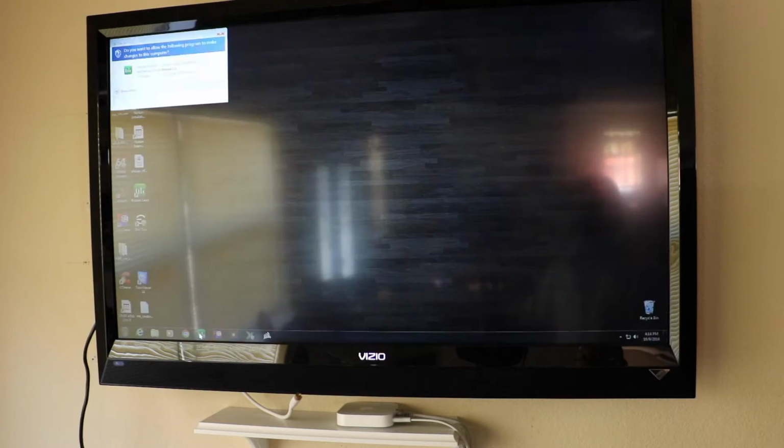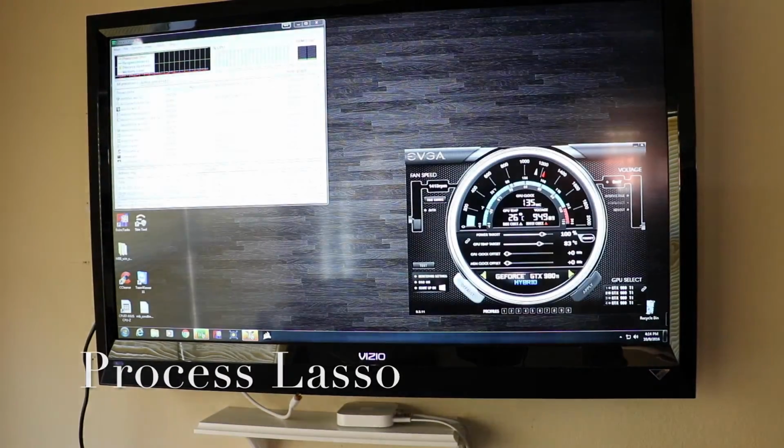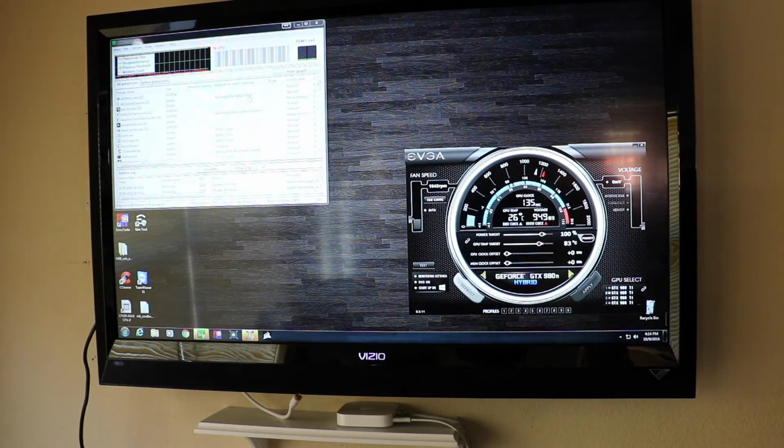A couple of programs we run here. One of them is Process Lasso. The reason for that is, for what I use them for, these work units can take 100% of one core if you let them, and basically lock up your computer.